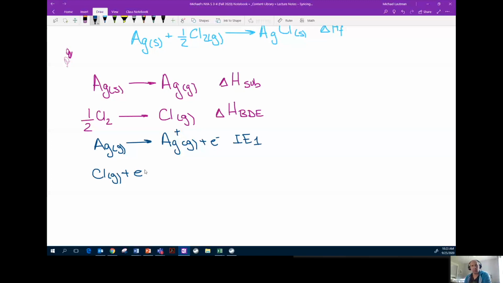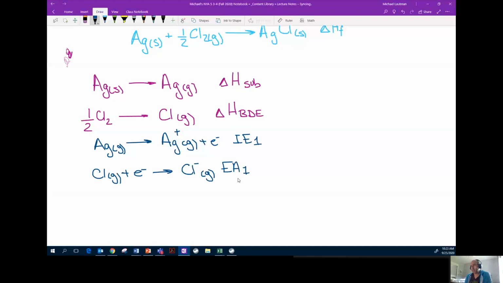And that corresponds to the first electron affinity of chlorine. Again, how you label it doesn't really matter. It would be acceptable if you labeled the steps A, B, C, and D, or 1, 2, 3, and 4. I try to be descriptive.